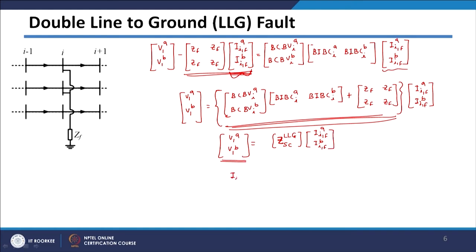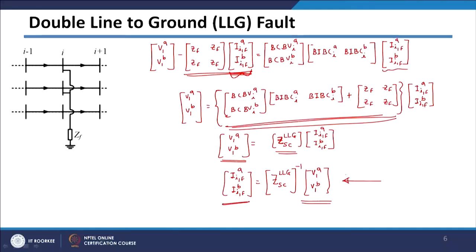The fault currents in A and B phase will be equal to the inverse of this 2 by 2 LLG matrix times these known voltages. So, this is how using this equation we can calculate fault currents in double line to ground fault.